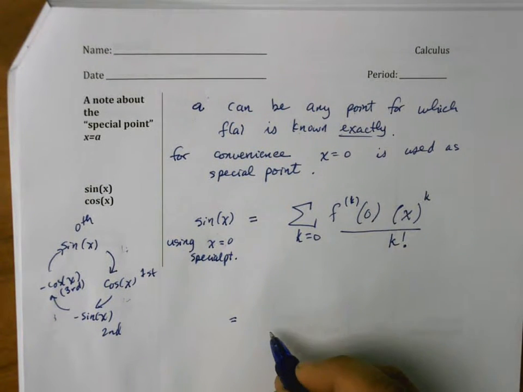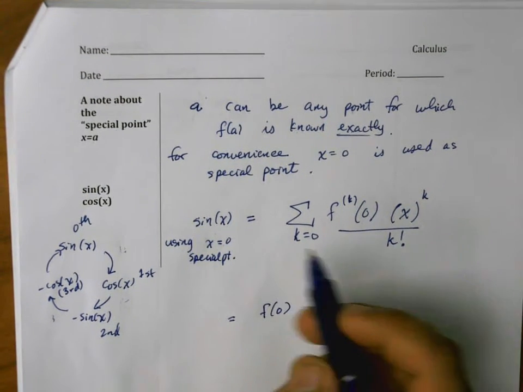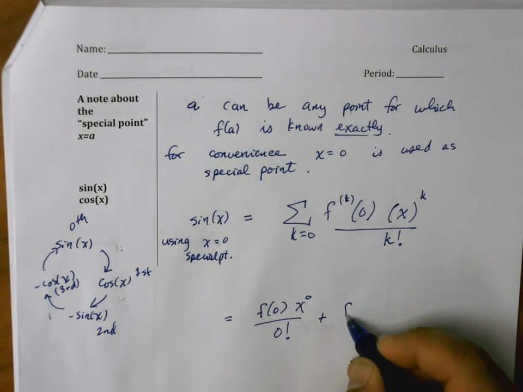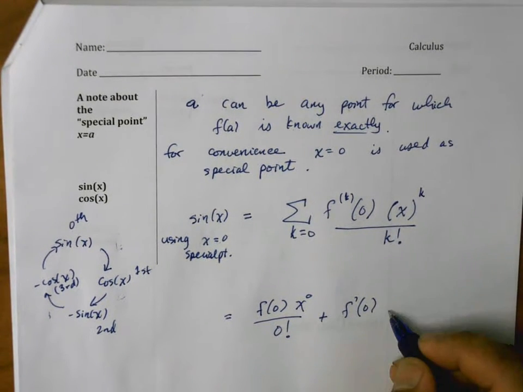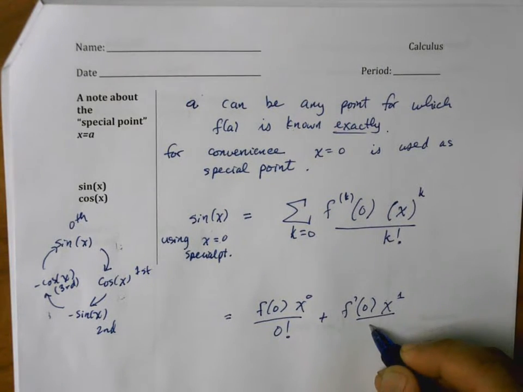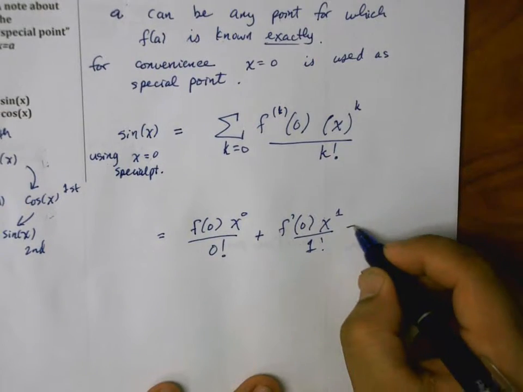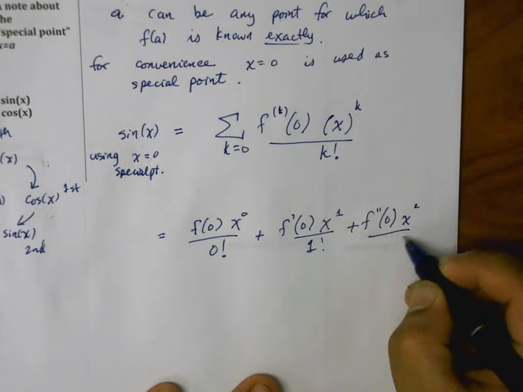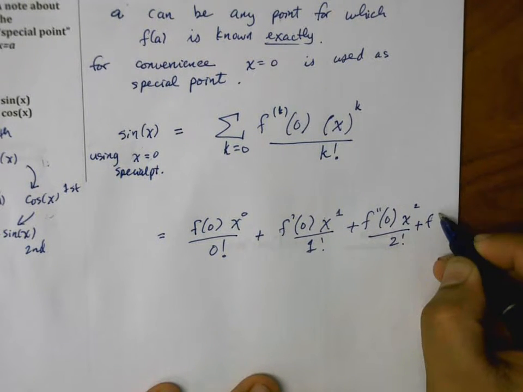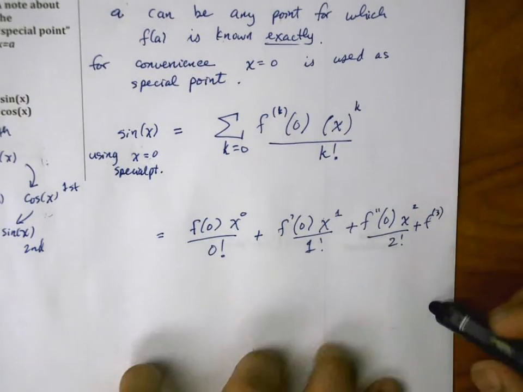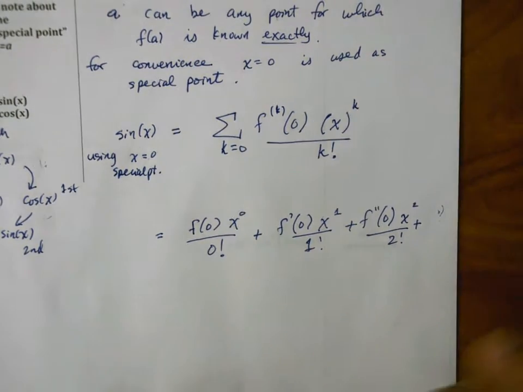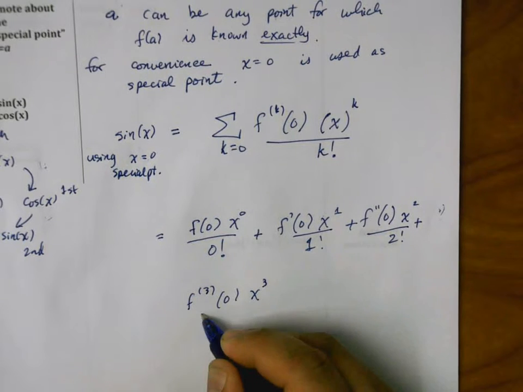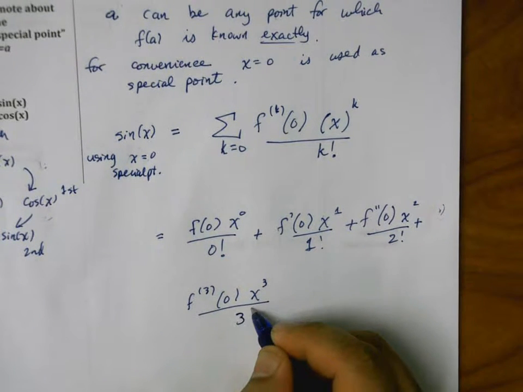Okay, so let's see what happens when we expand this out. So when k equals 0, the 0th derivative is just f of 0, or sine of 0, times x to the 0 divided by 0 factorial, plus the first derivative at 0 of x to the first power over 1 factorial, plus the second derivative at 0 of x to the second power over 2 factorial, plus, I'm going to write on the next line here, the third derivative at 0 of x to the third divided by 3 factorial.